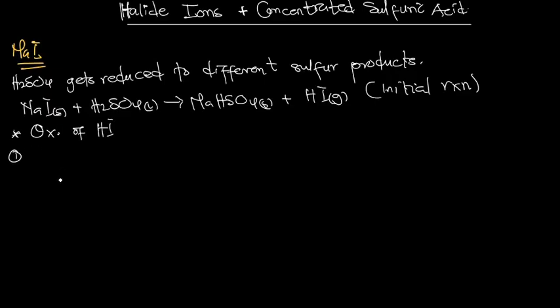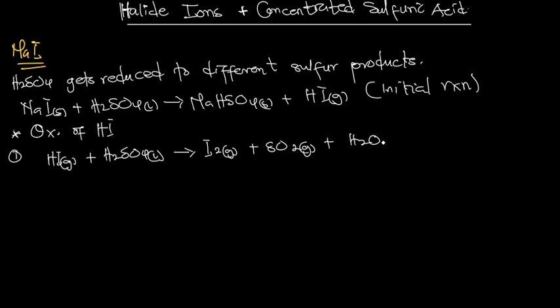In the first place, we are going to have hydrogen iodide undergoing a reaction with sulfuric acid. Then we'll have I2, then we'll have SO2, sulfur dioxide, and then we also get water. To balance this, I'm going to put 2 here, and I'm also going to put 2 here.